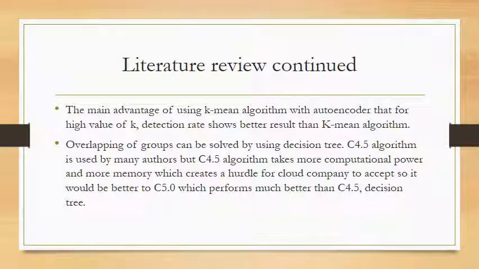A decision tree can remove the disadvantage of K-means, which is overlapping. If we use the C4.5 algorithm, it helps to remove that overlapping.